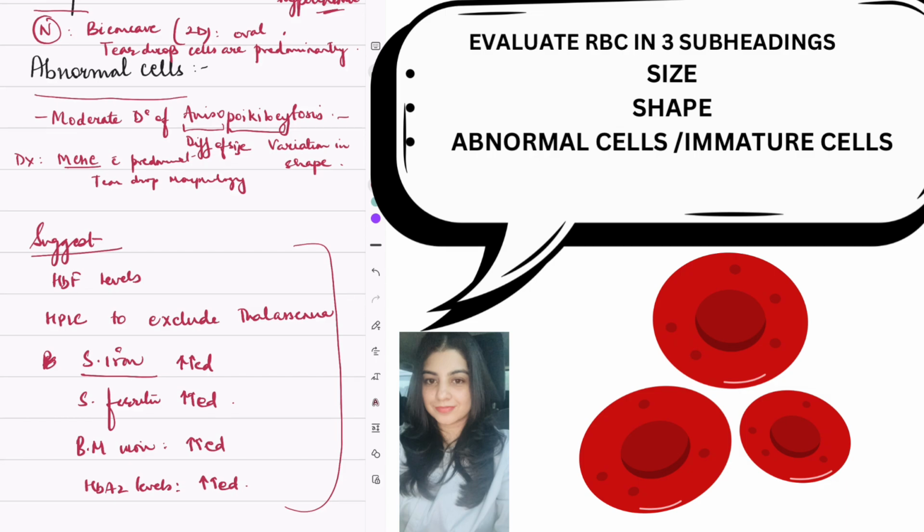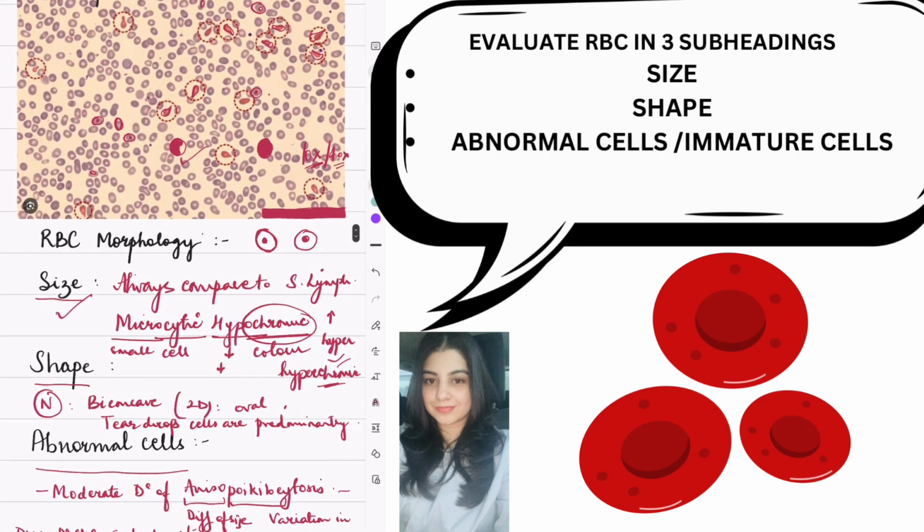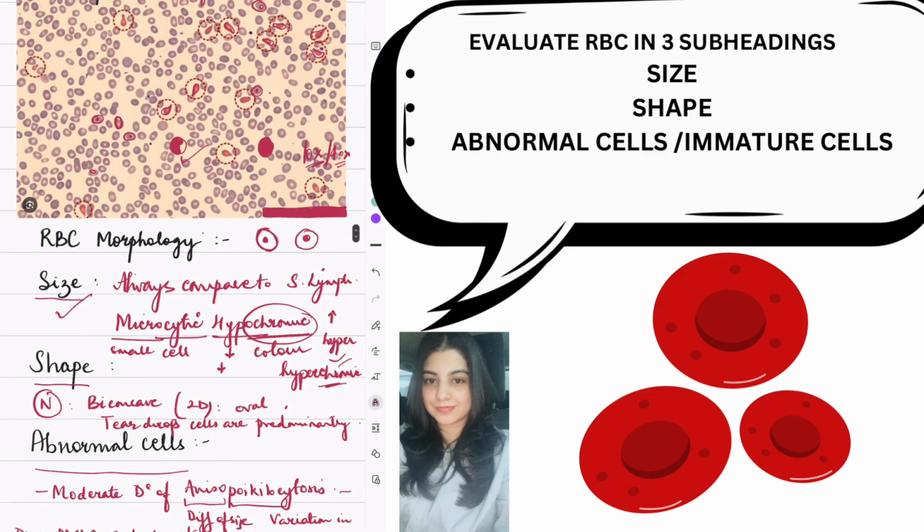But before that, if you do not have any information, then this is just a microcytic hypochromic picture with teardrop cell morphology. That's it. This is how you report it. All right. So this is case 1. Further investigations will tell you whether it is thalassemia or iron deficiency anemia, but till here it is just microcytic hypochromic anemia.